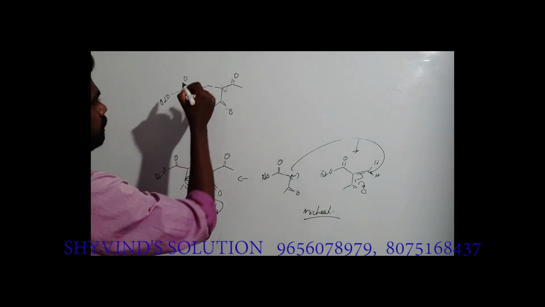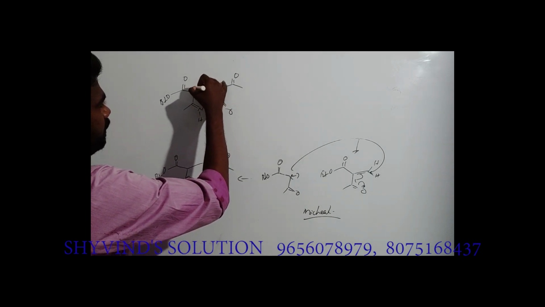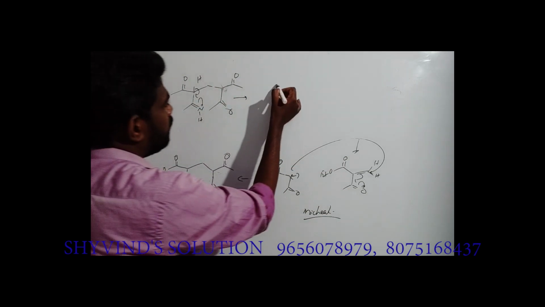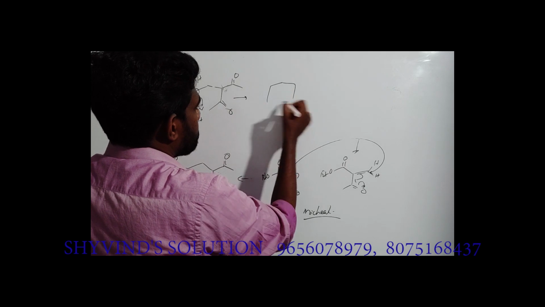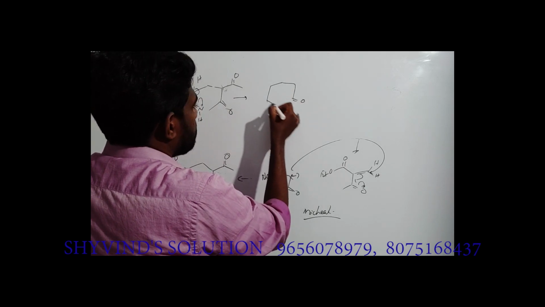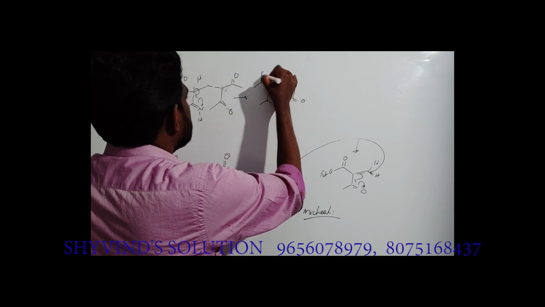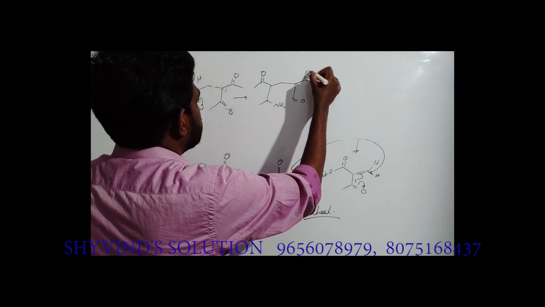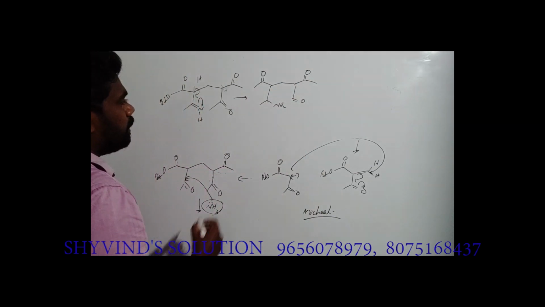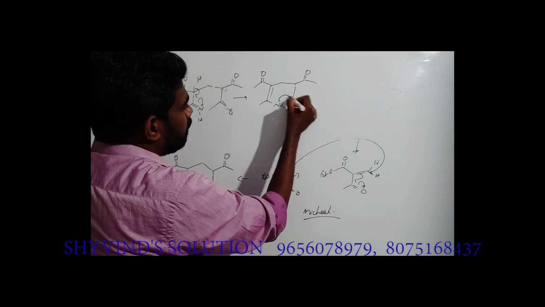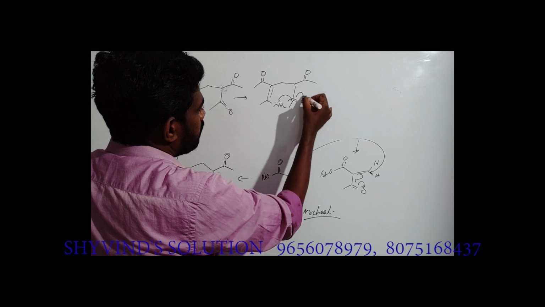Okay, so once it is formed, we have a basic medium. This one will convert to NH2, and this part will remain like this. Okay, so this again will react with this one.